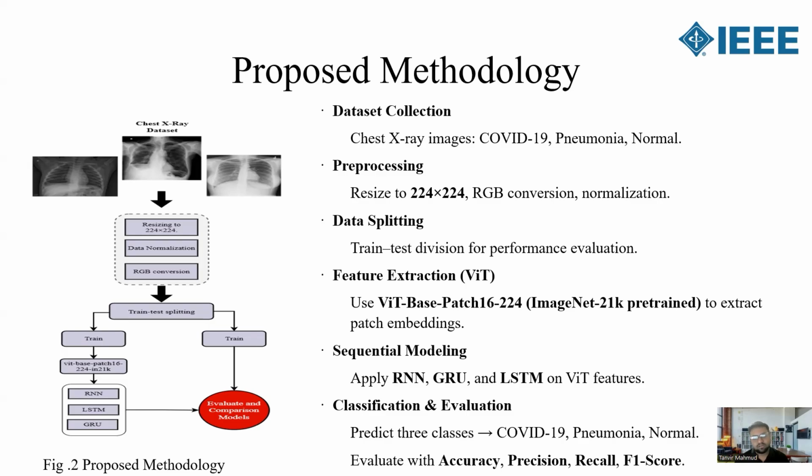The ViT feature embeddings were passed to RNN, GRU, and LSTM models to capture sequential dependencies among patches. Finally, a softmax classifier predicted the class label and performance was evaluated using accuracy, precision, recall, and F1 score.